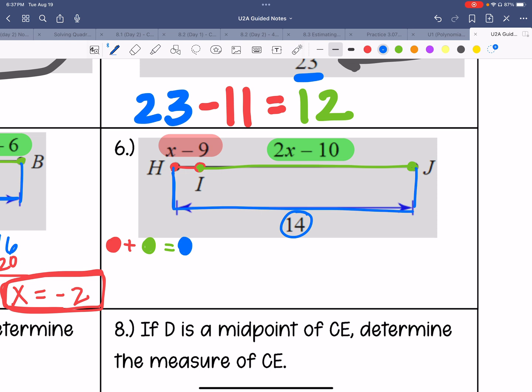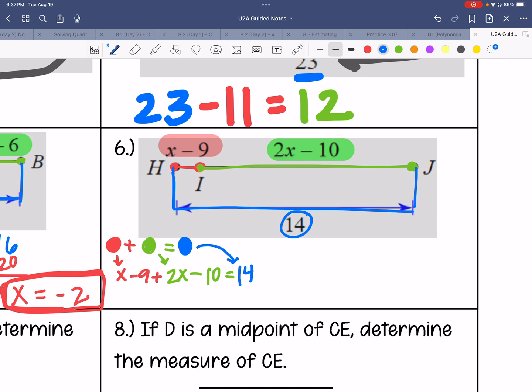So after I've determined that, I'm going to fill this in. So my red is x minus 9 plus my green segment is 2x minus 10. And that's going to equal the entire segment length, which I'm told is 14.